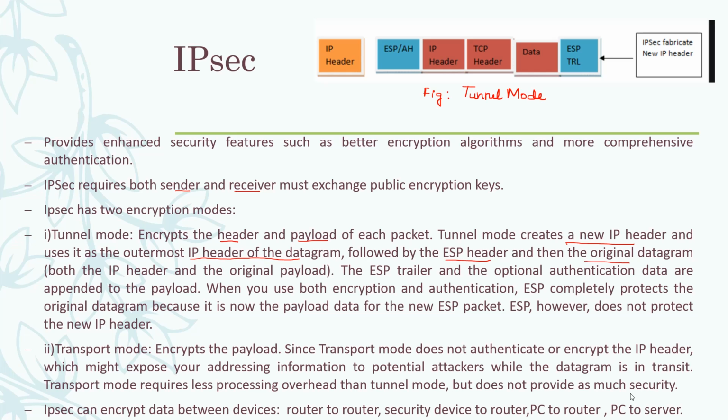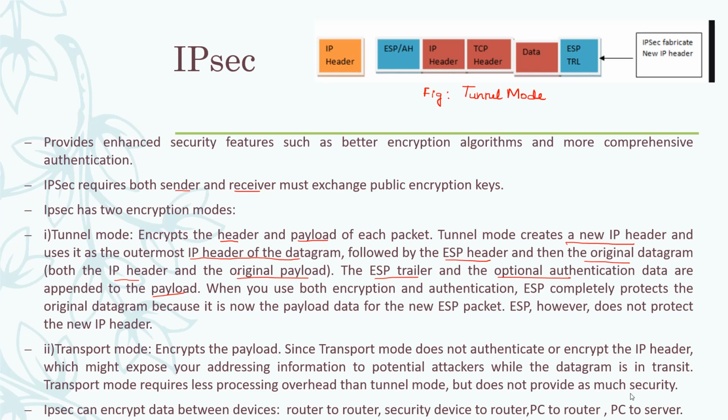The original datagram means it will contain the IP header and the original payload. The ESP trailer and the optional authentication data are appended to the payload. So in ESP, authentication is optional.